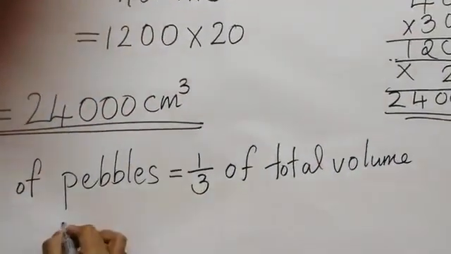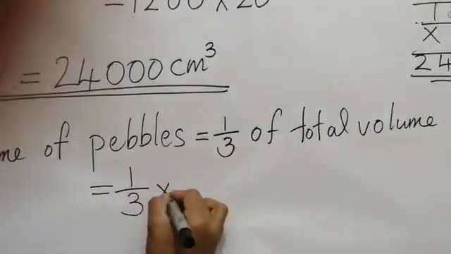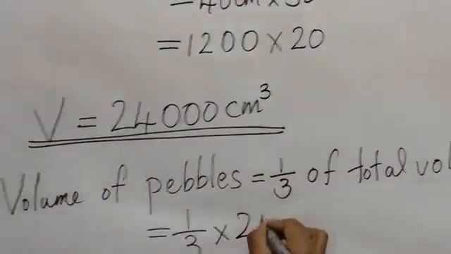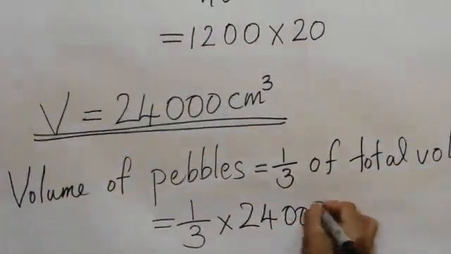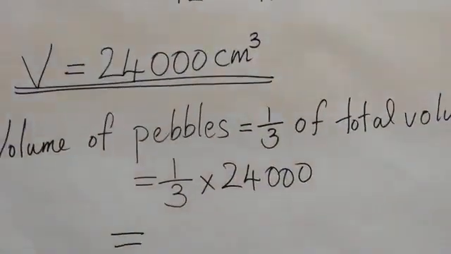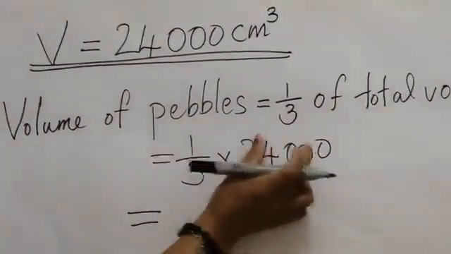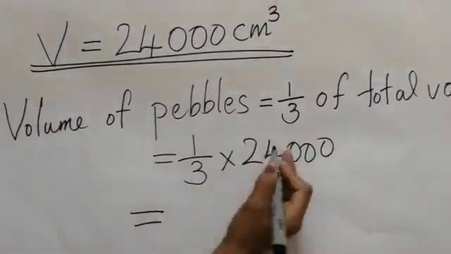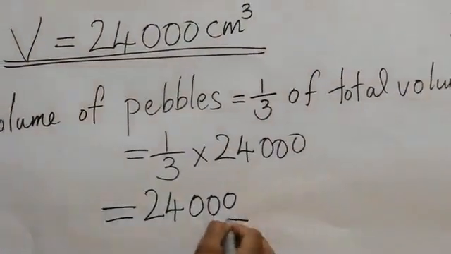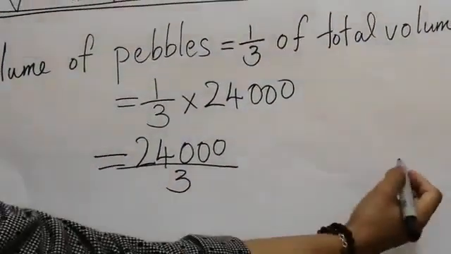Okay, now multiplied by, what is the total volume? 24,000. Okay, now that means when you multiply the fraction with the whole number, multiply with the numerator, 1 into 24,000, divided by 3. So here we will do the division.